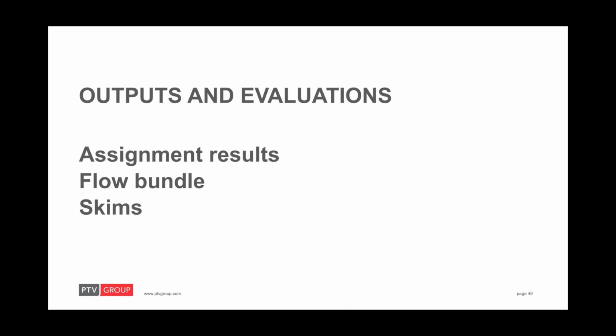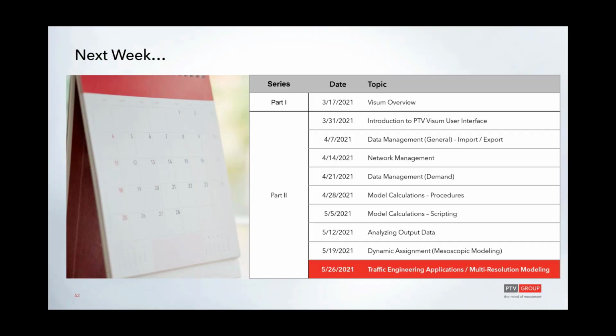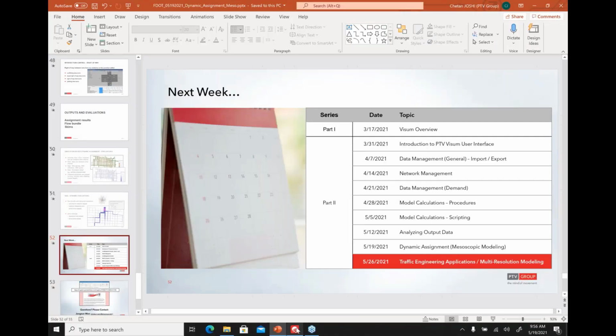Once the SBA is done, what are the outputs and evaluation that come out of it? Of course, you have the assignment results that we knew. You can also get select link calculations and skims. So here, the skims and select link calculations in the SBA are actually time varying.